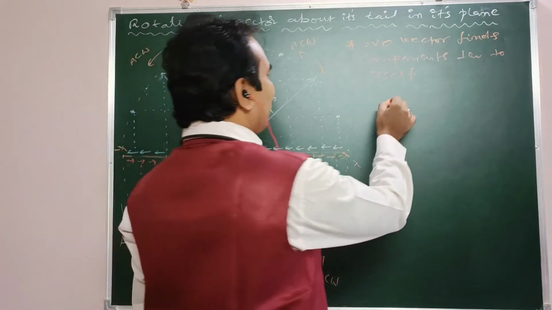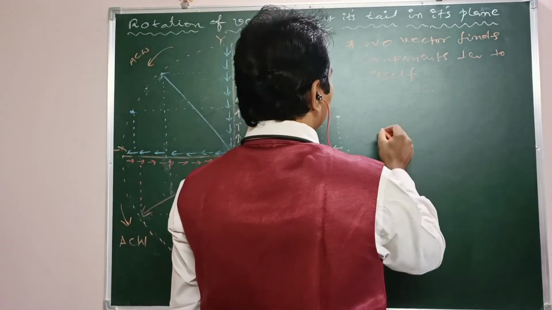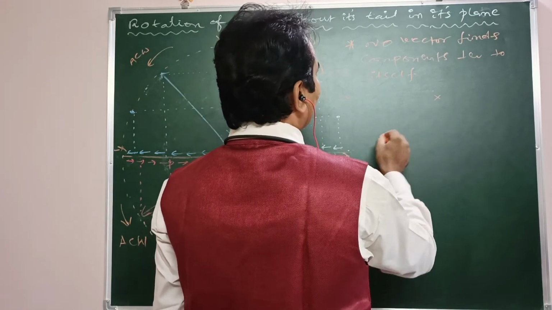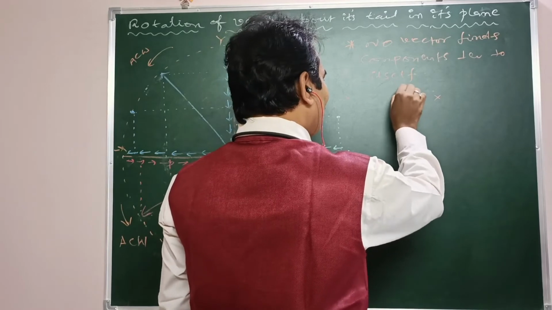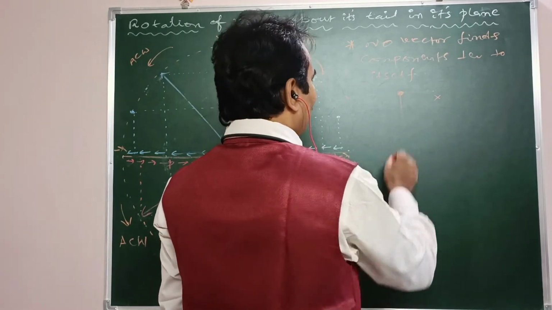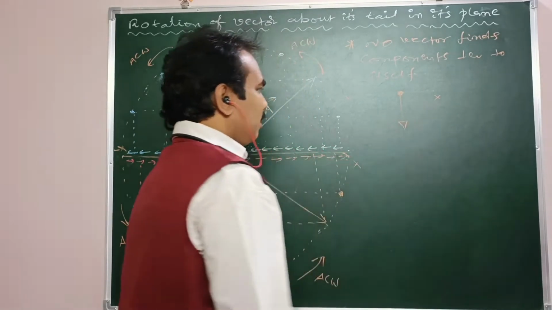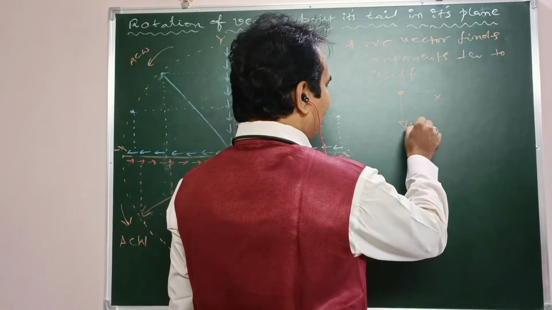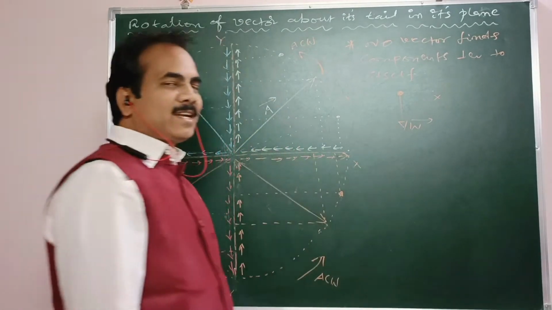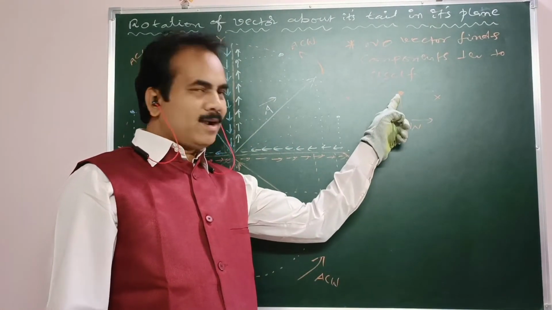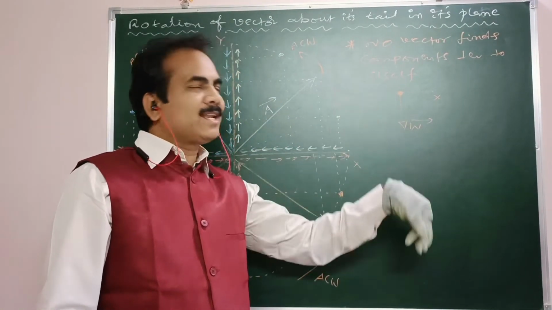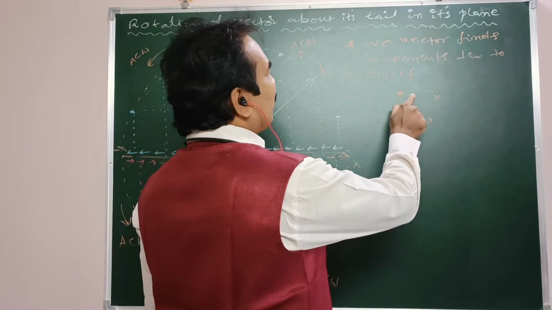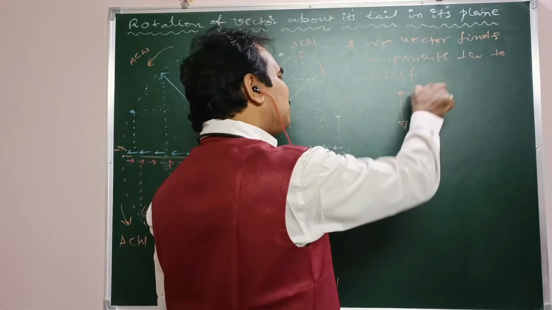For example, this is the x-axis, positive x, negative x. Here one body is there. What is the direction of the weight of that body? Vertically downwards, W bar. Weight is also a vector quantity. Suppose this is the point whose weight is acting vertically downwards. With respect to weight, what about its component along positive x?